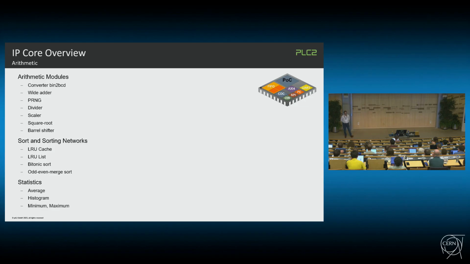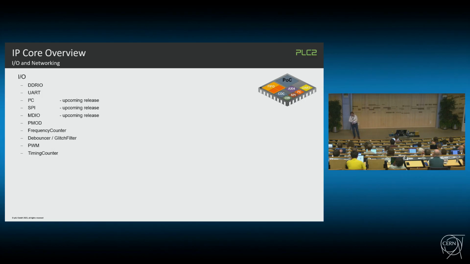And then we have statistics. If you need averages, histograms, and minimum and maximum computation, mainly with AXI stream data sets running through, we can also do this. For IOs, we have some abstraction layers of the DDR cells inside of FPGAs. Of course, as everyone has it, a UART implementation.